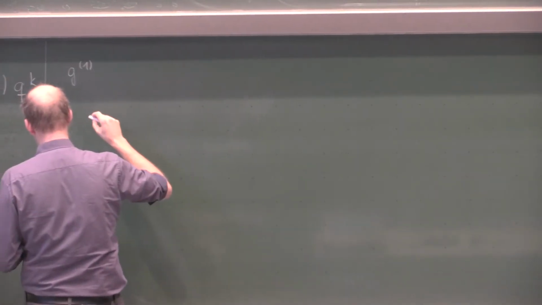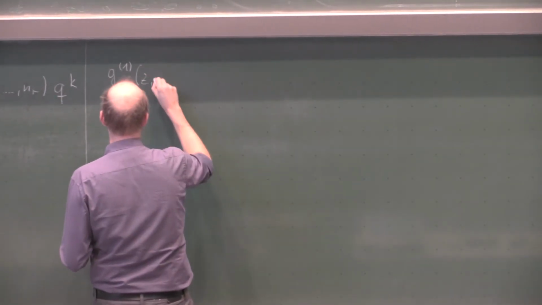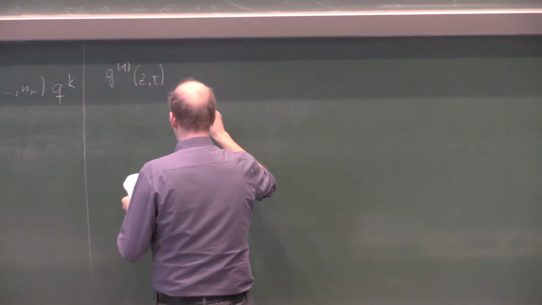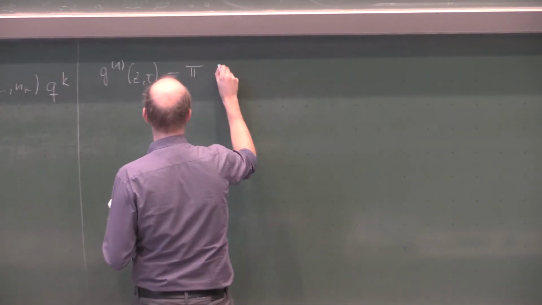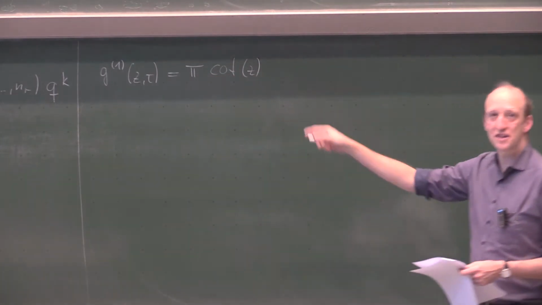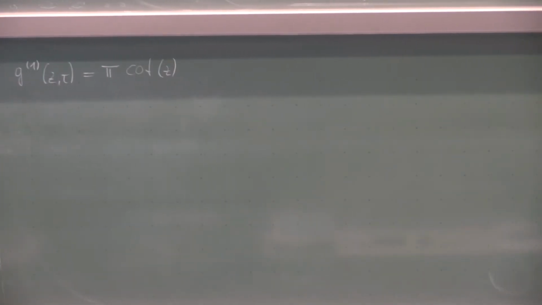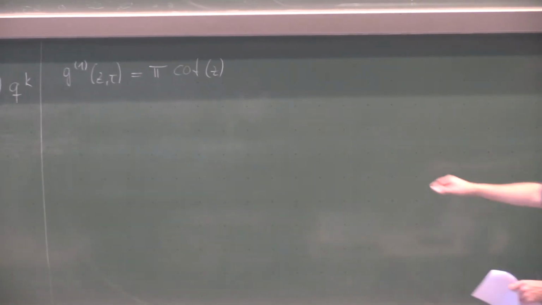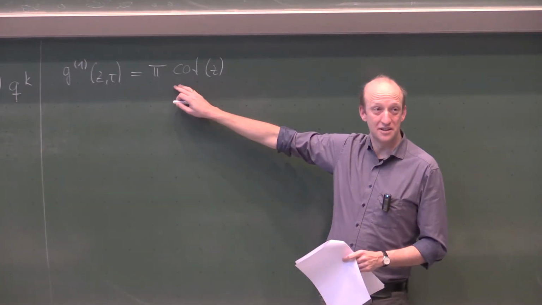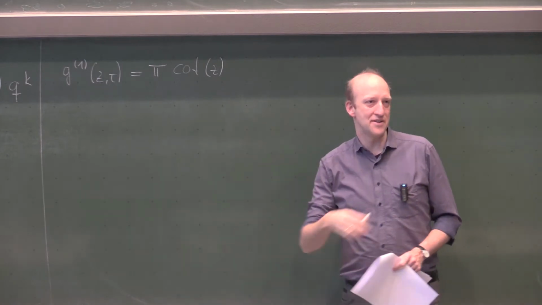G of 1 of z and tau is pi times cotangent of z, in the same way as for f1. I mentioned last time, yesterday, that we have the pole we want in the differential form. Here it is the cotangent which actually carries the pole.